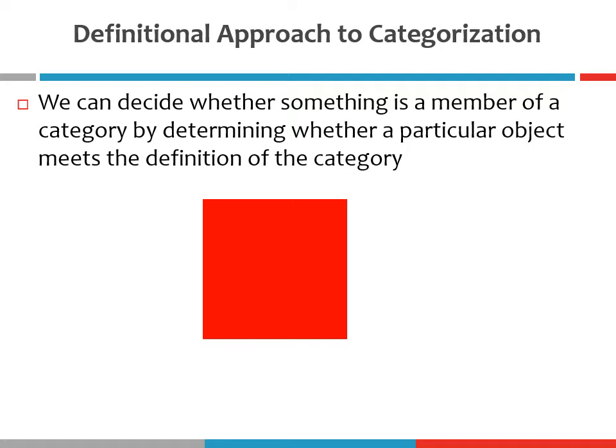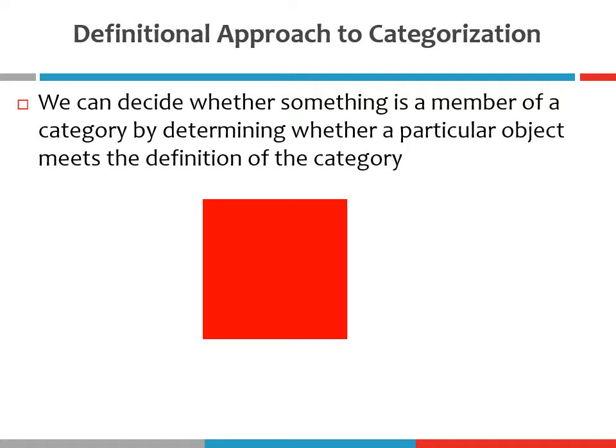This definitional approach would work very well for things like geometric shapes. For example, if we were trying to decide if something is a square, a square is defined as a plane figure that has 4 equal sides, right? So if those characteristic features are not present in the object, if it has 3 sides instead of 4 sides, we can't categorize it as a square.